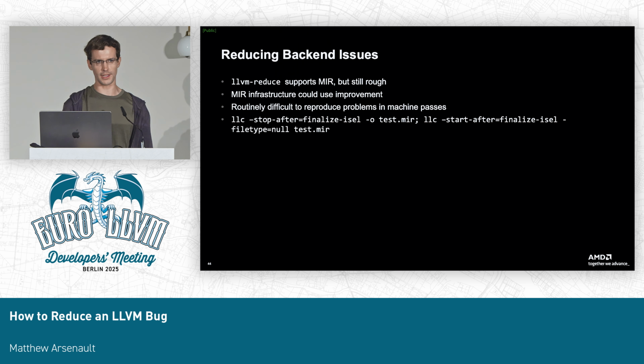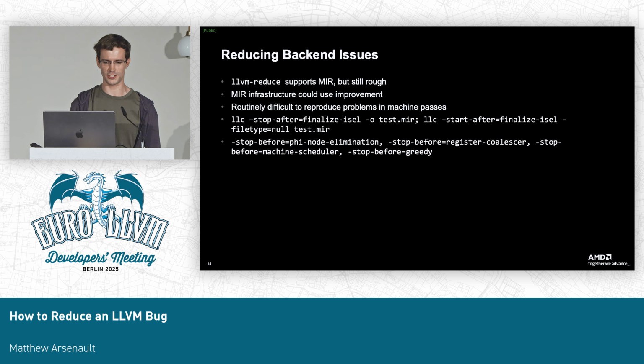If you really, really need to, like I sometimes do, you can skip ahead in this process and just dump to MIR straight from Clang. You can just add all the same flags, stop before the machine pass from the original Clang invocation. I often have to do that with the register allocation pipeline, and here are some handy points that I often make use of.